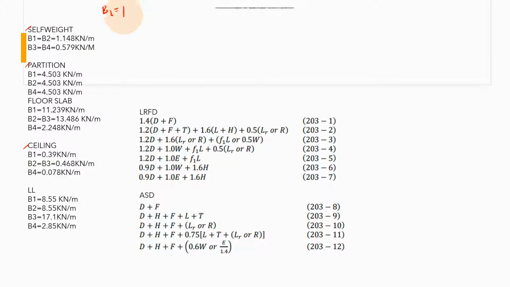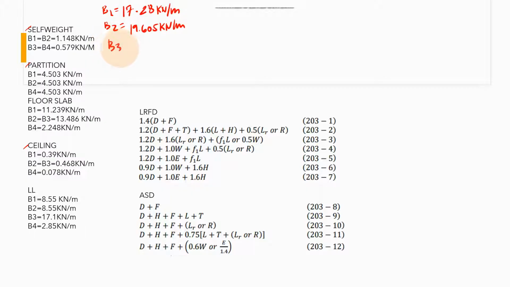so sabihin natin meron tayong 17.28 kilonewton per meter na dead load. And then for our beam 2, i-add nyo lang yan. So we have 1.148. So we have 19.605 kilonewton per meter.